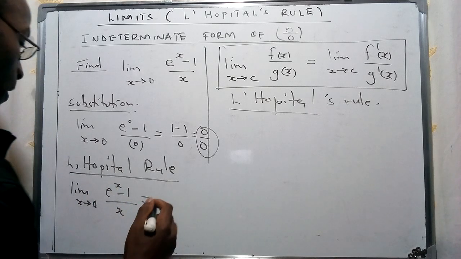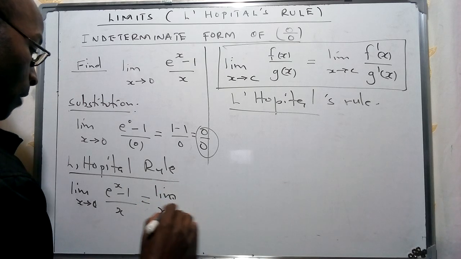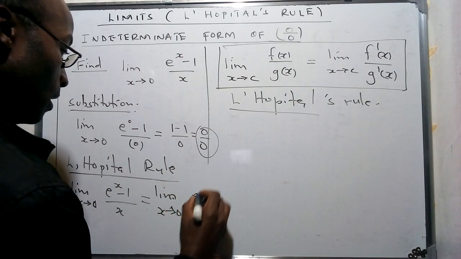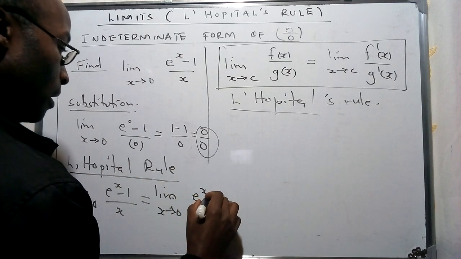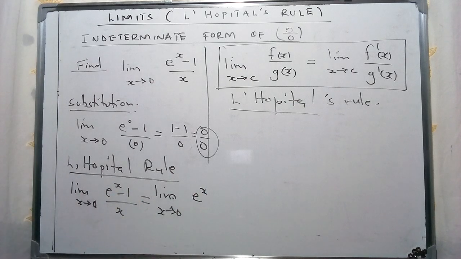So we're going to take the first derivative of this specific function as the limit as x tends to 0, whereby we're going to have this one given in terms of a^x, and of course we're going to maintain this one. The derivative of 1 is just going to be 0.